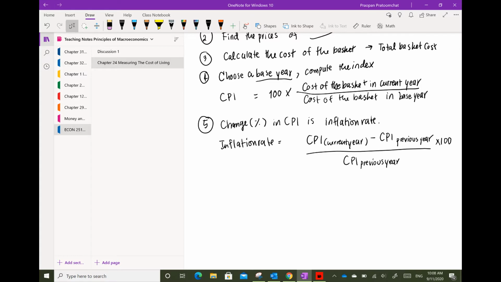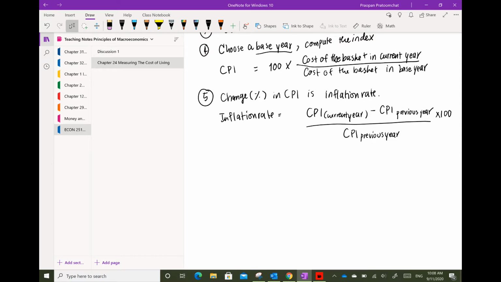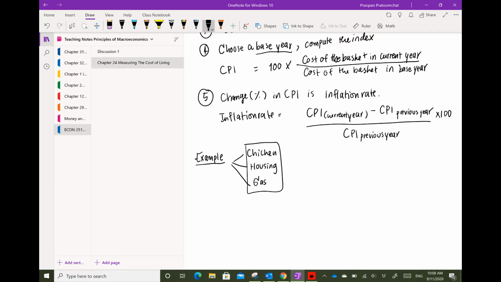Example. They survey some consumers, right? And then the typical basket has chicken, housing, and some gas. Let's say we make it simple, right? Then they have to ask a further question.